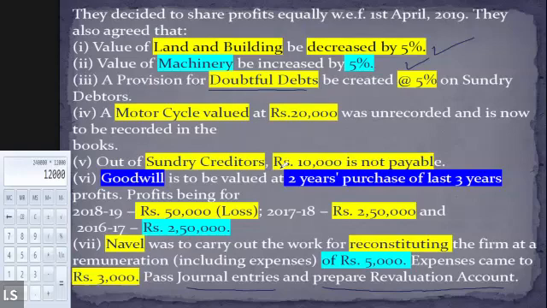Is that right? Partners have agreed with Naval that they will be paying remuneration of 5,000 on account of whatever he has done regarding the reconstitution. But later it is found out that the expenses came to only 3,000. Then tell me whether Naval will be paid according to the agreement that took place, or he will be paid depending upon the expenses that were actually incurred.